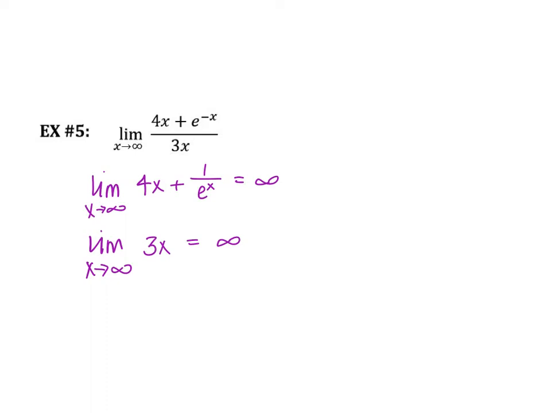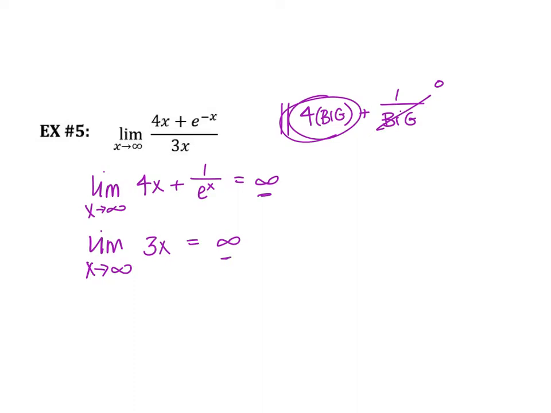If you're not sure about that, a little sidebar thought here is you can look at this as 4 times really big plus 1 over really big. And so that's the idea that I'm looking at here. So this is going to be really huge. That's going to go out to 0. So that's why we're saying infinity. And by that same idea, that's what's going on here.